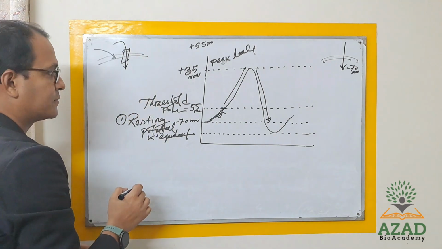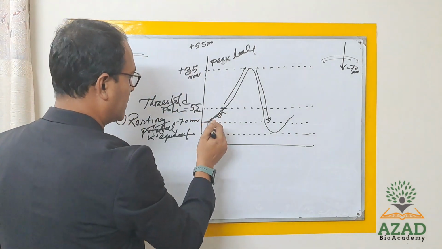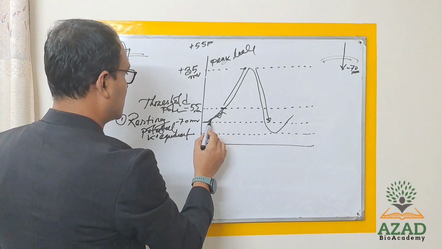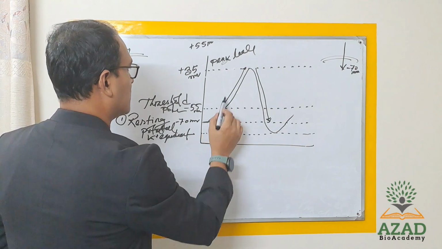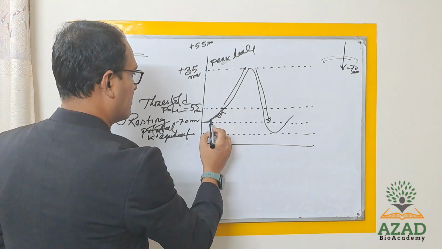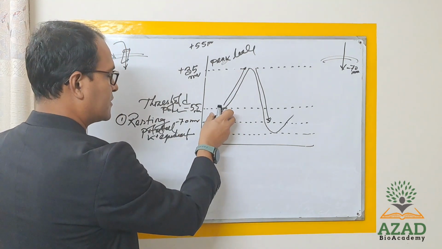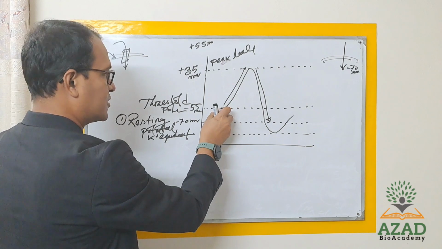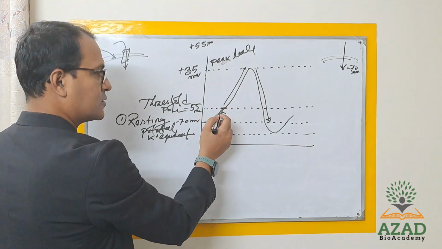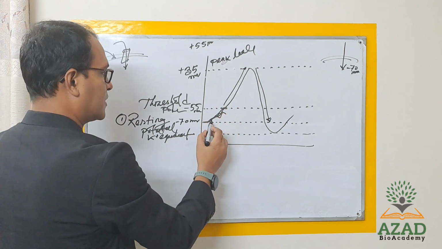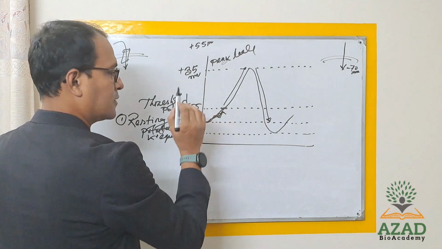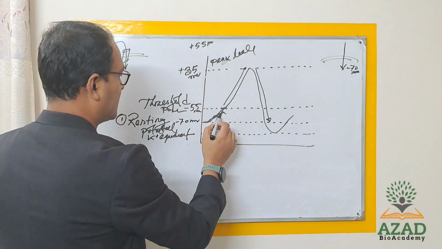Then the potential change will occur towards the positive, but it will not reach the threshold. So this potential change is meaningless. What is that? These are graded potentials.